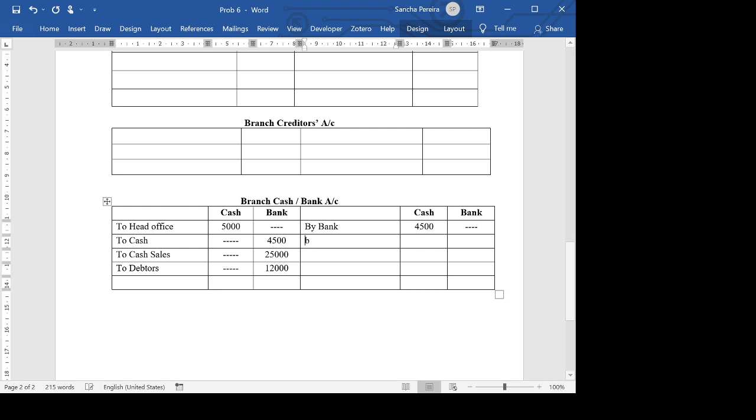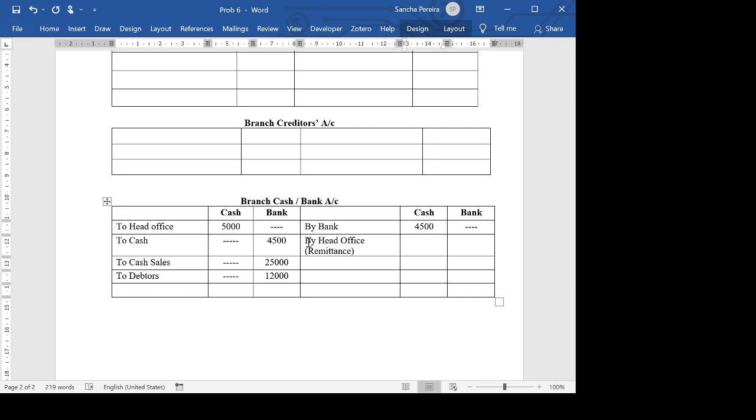So I'm going to put it as by head office, in brackets remittance. It's going to be from the bank account. The amount is going out from the bank. You deposited in the bank, and a huge part of it you're sending down to the head office.